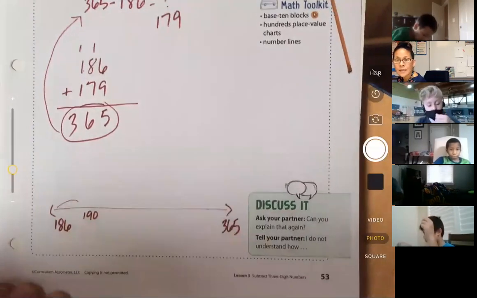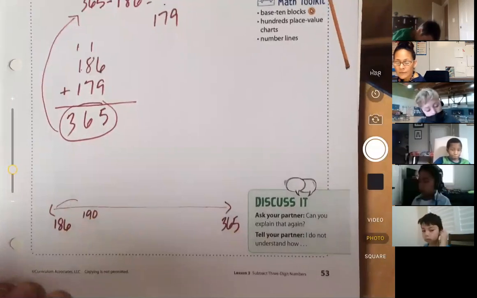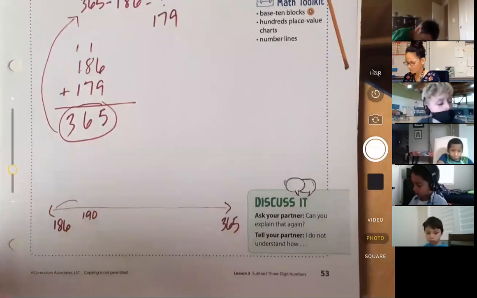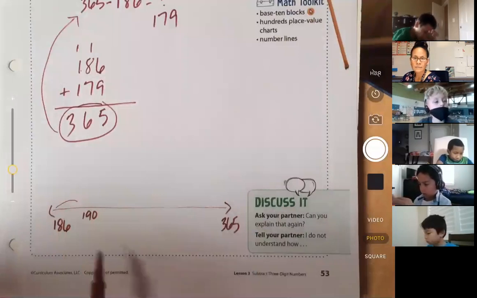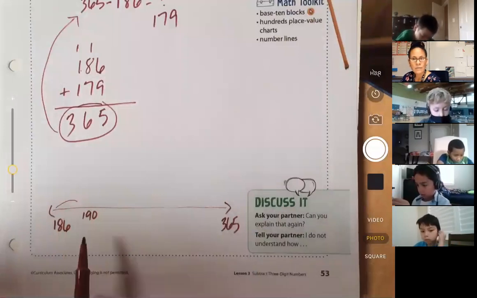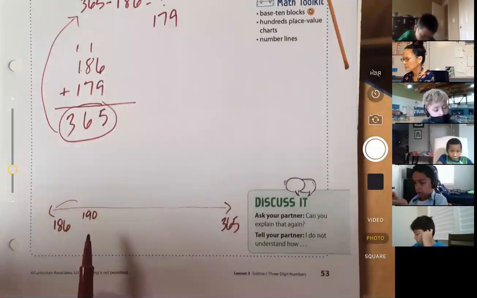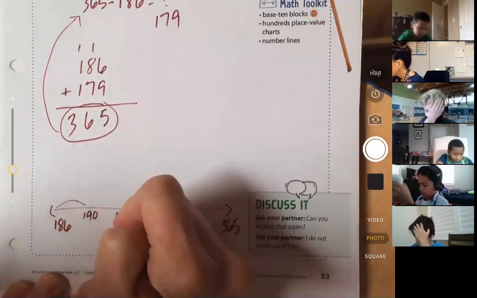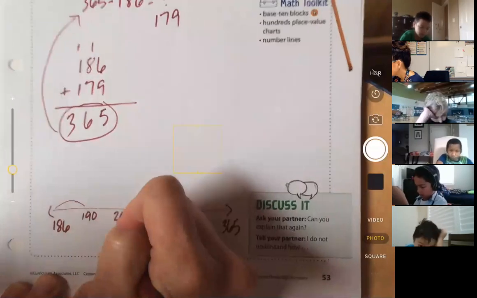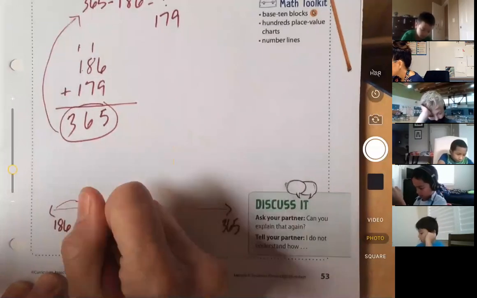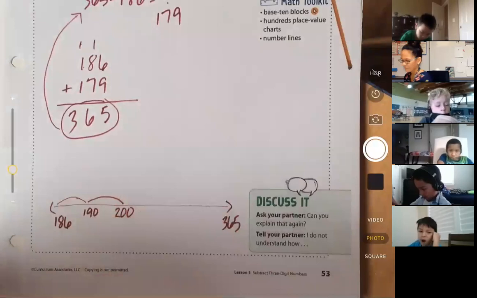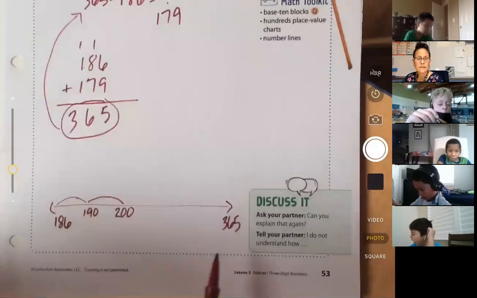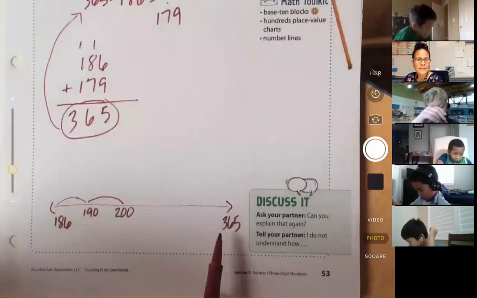And so from 190, then I'm going to want to go to the nearest 100. So for me, that number is going to be 200. And then I know I have at least 100 to go.